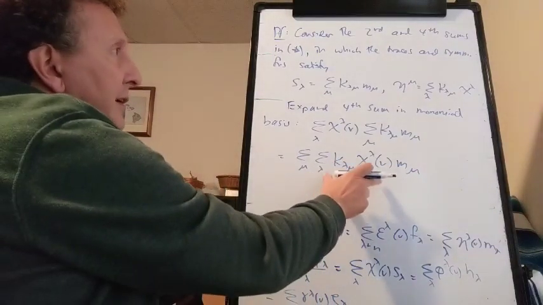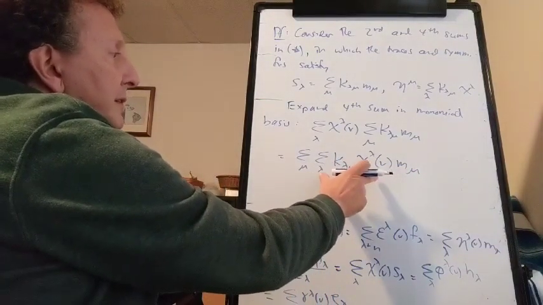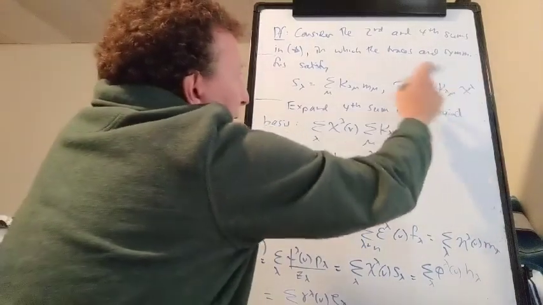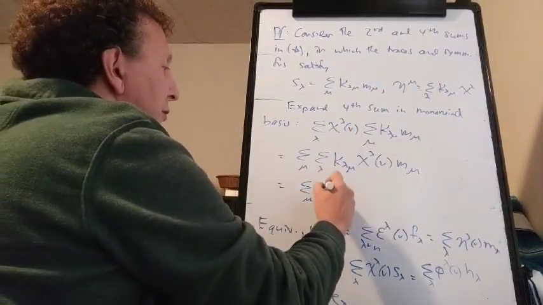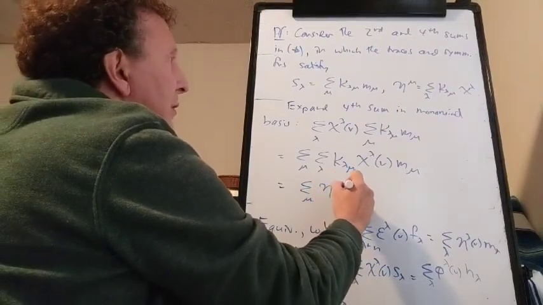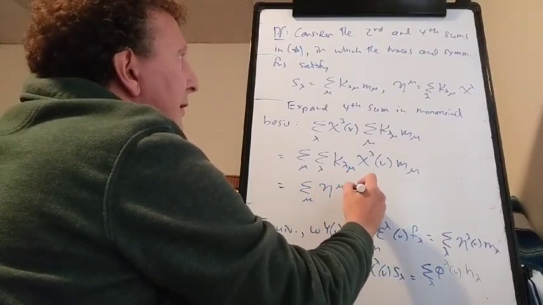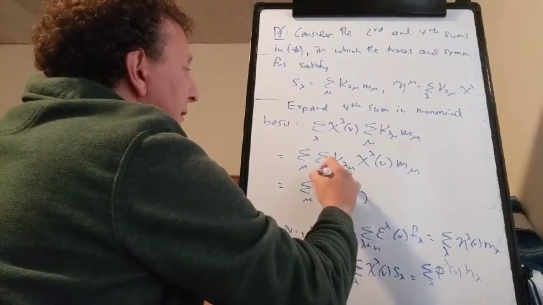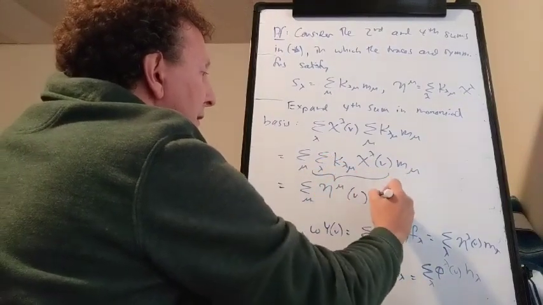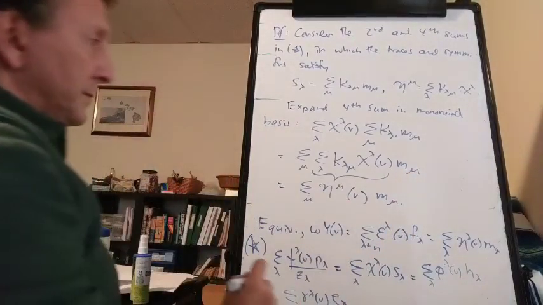And if we look at this inner sum, this is exactly what we wrote up here for eta. So this is a sum over mu, eta mu of v m mu.